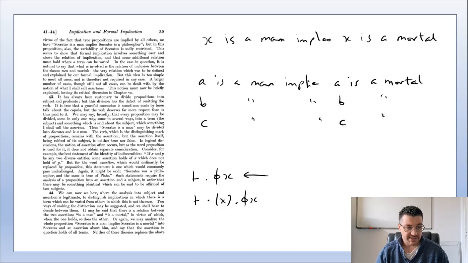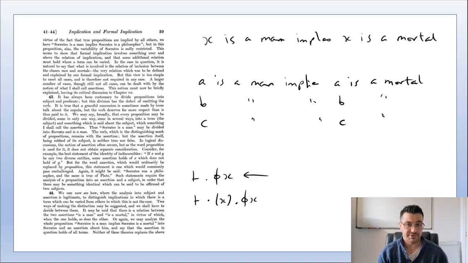But in the latter case, this for all x phi x, this is a simultaneous assertion. It's not quite right to think of it like this. In fact, it's not right at all necessarily to think about it like this. But this is like a logical product, in my view, and there is a distinction made between these two ideas, certainly in Principia Mathematica.